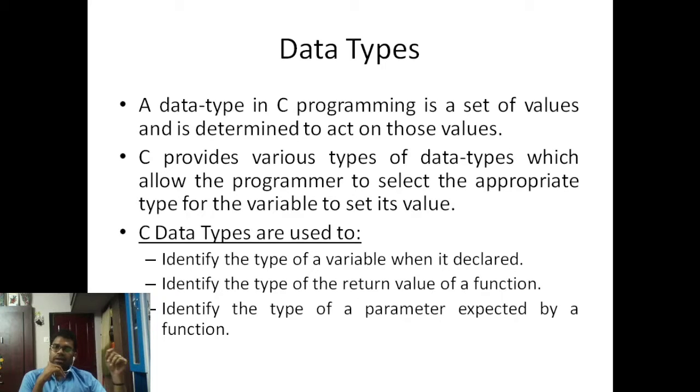You can use any kind of data type according to the value you need to use in that particular program. C data types are used to identify the type of a variable when it is declared. When you are declaring the variable, you need to specify the data type. If you are returning some value from a function, you need to set a data type for that function.